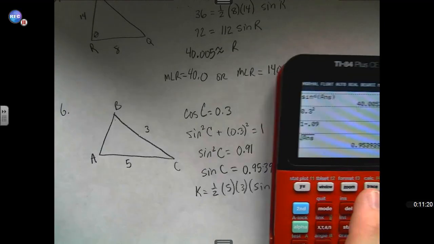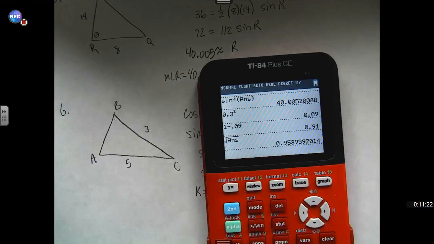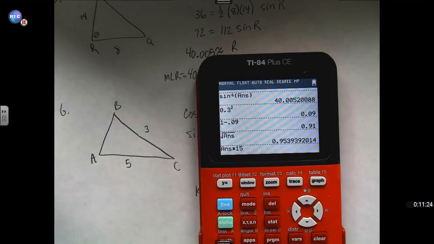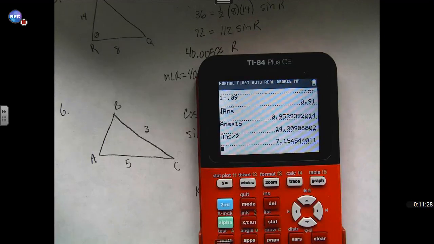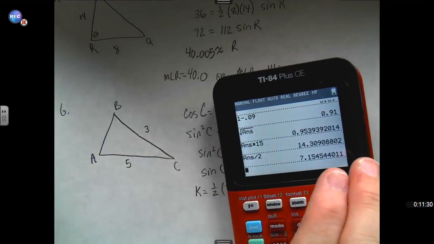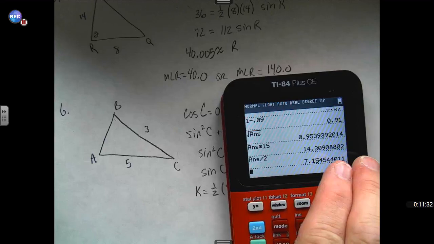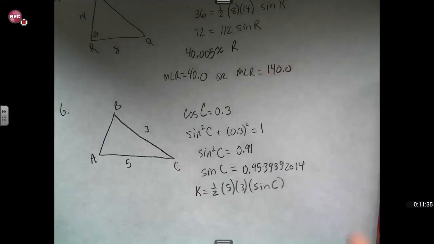So basically all I'm going to do is take that times 15 and then divide by 2, and I get 7.1545, and again we're supposed to round to the nearest tenth. So the area is 7.2, and I don't see any units.